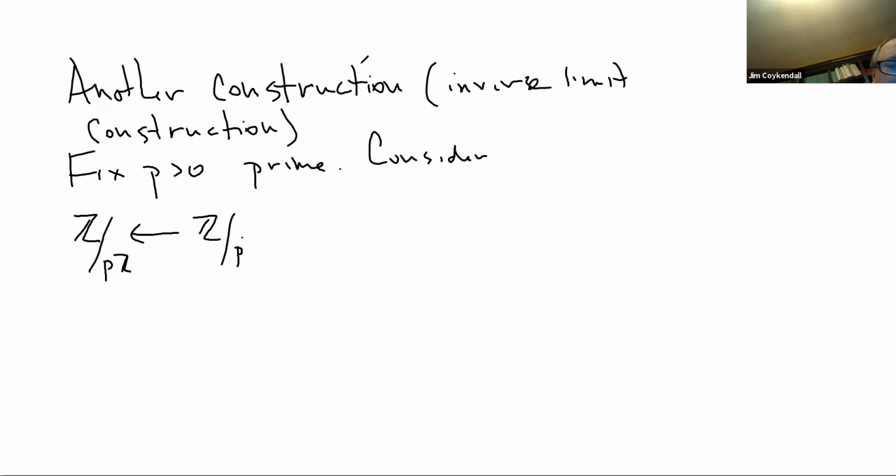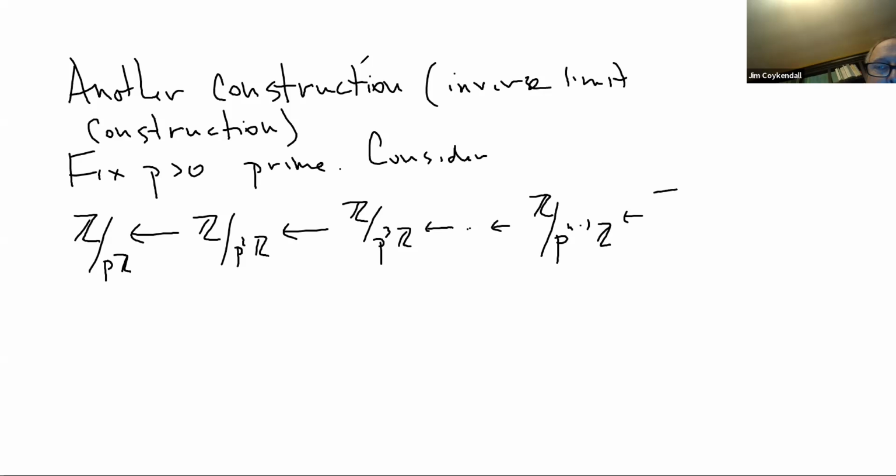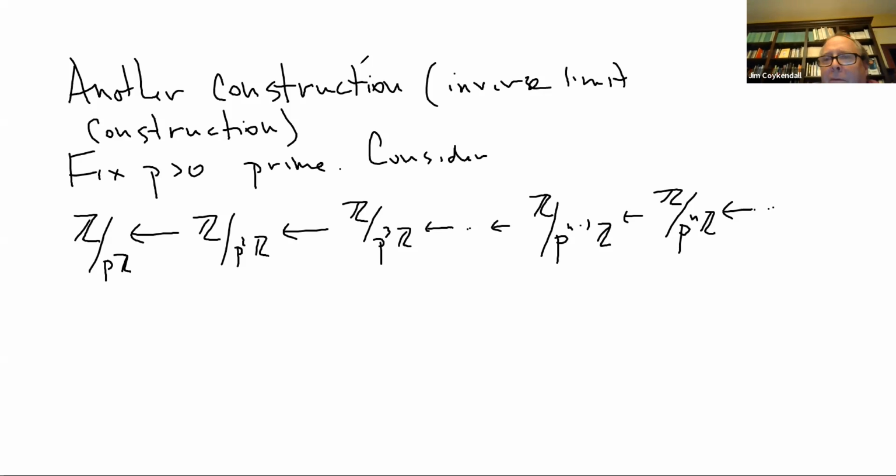Z mod P squared Z, Z mod P cubed Z, up to Z mod P to the n minus 1 Z. So consider this sequence of very intuitive rings.